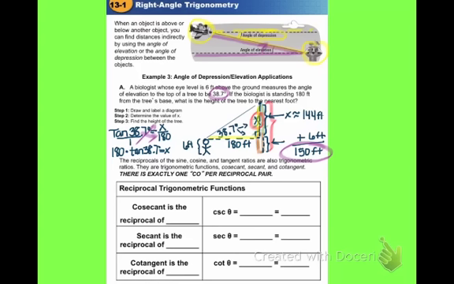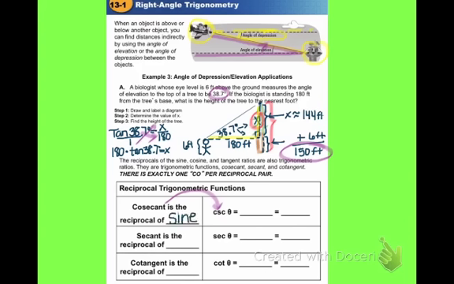Our final thing we're going to be looking at are some new trig ratios. We're pretty familiar with the common sine, cosine, and tangent ratios. Well, it turns out that there are actually 3 other trig ratios, but they are related to the ones that we know. The first one is the cosecant, abbreviated as CSC. The cosecant of an angle is the reciprocal of the sine function.